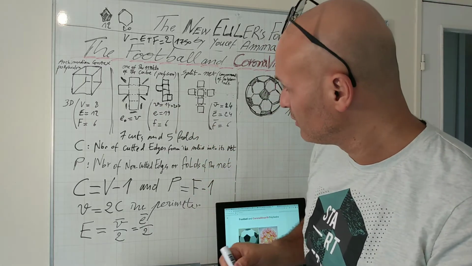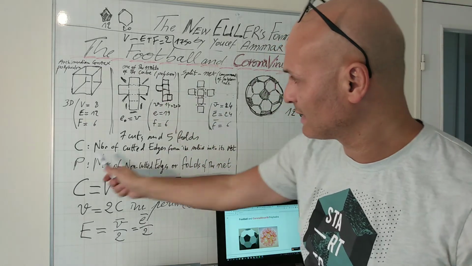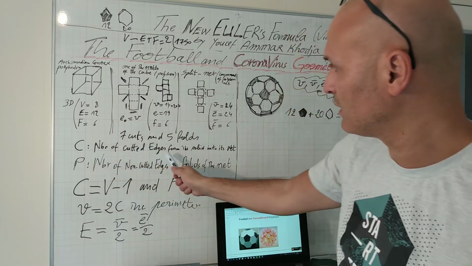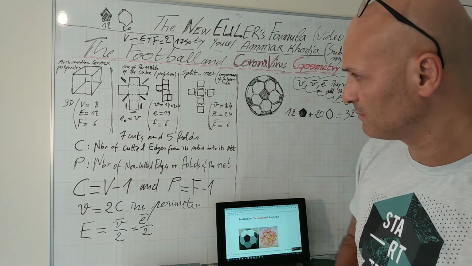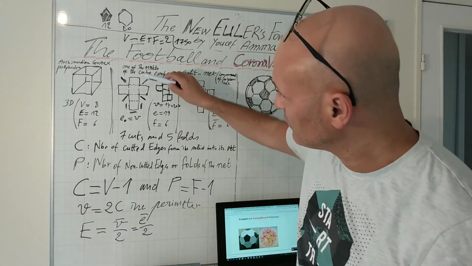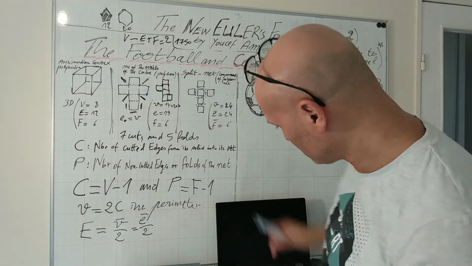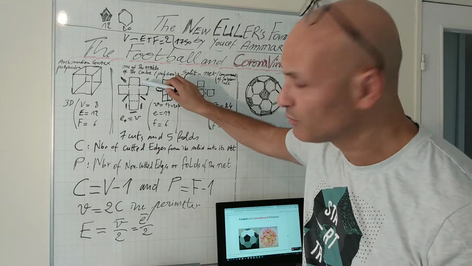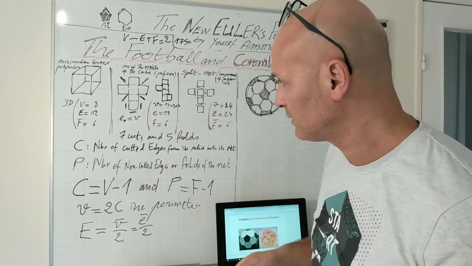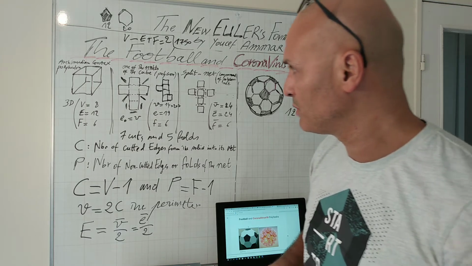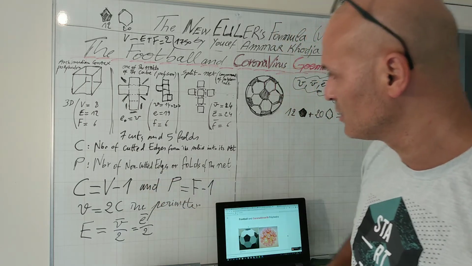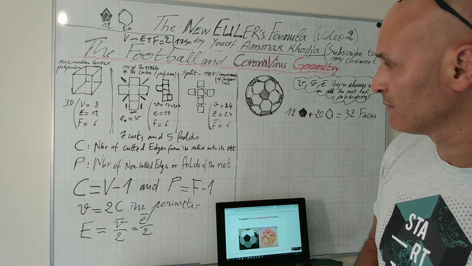So cuts, C, is the number of cut edges from the solid into its net. And there are other edges that are not cut, what we call folds, non-cut edges, P. So P is the number of non-cut edges or folds of the net.